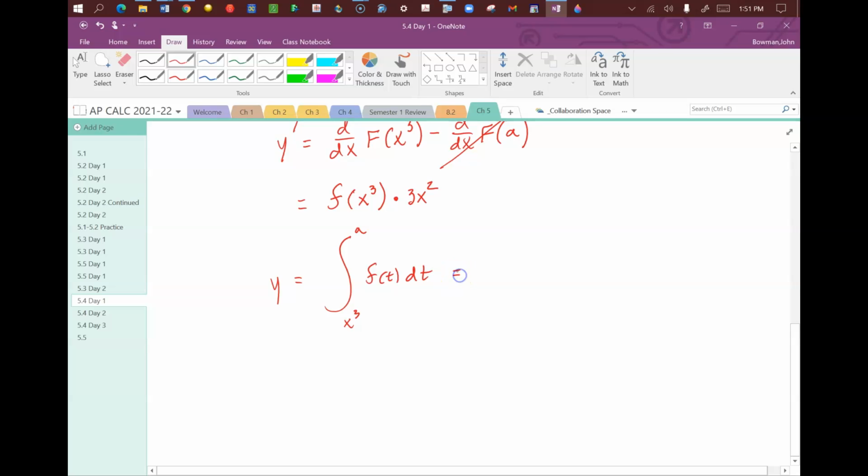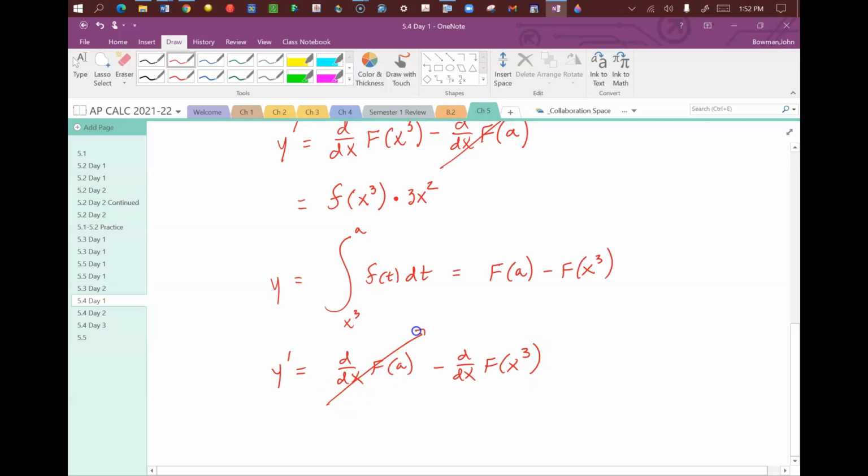So let's see if that works. Well, that would be big F at a minus big F at x cubed, and therefore y prime would be the derivative of big F at a minus the derivative of big F at x cubed.